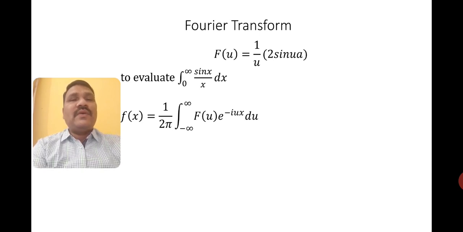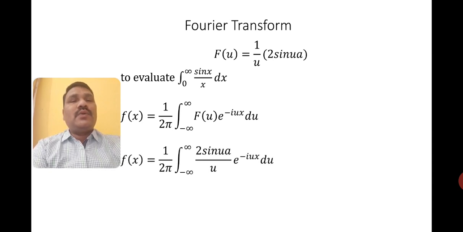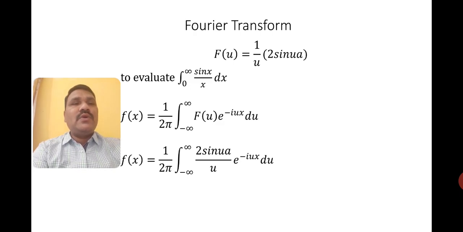This is the inverse Fourier transform. So you just place the value of capital F of u over here: 1 by 2 pi integral minus infinity to plus infinity 2 into sin ua divided by u, e to the power minus iux.